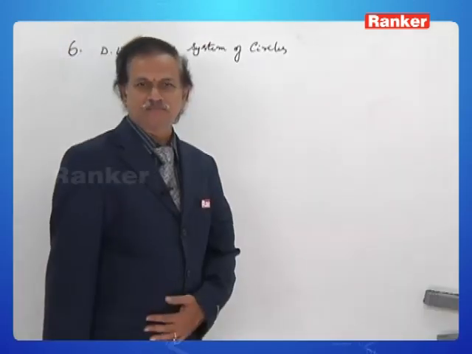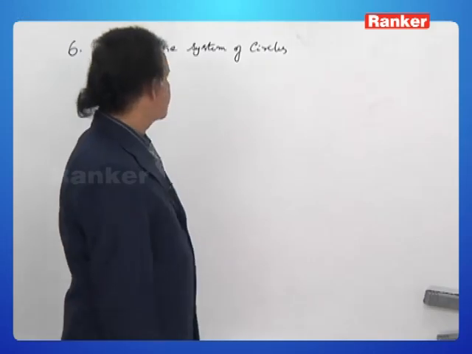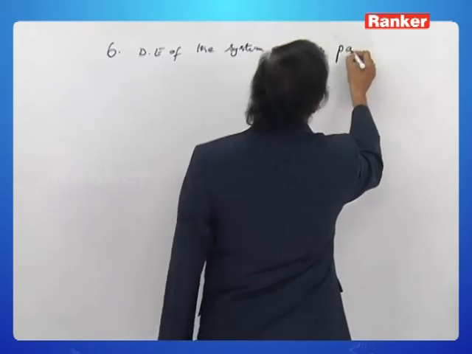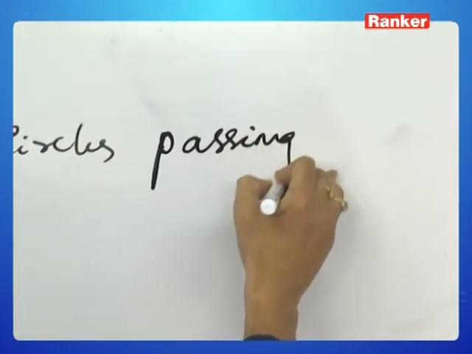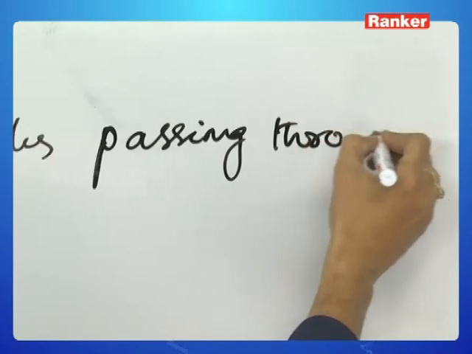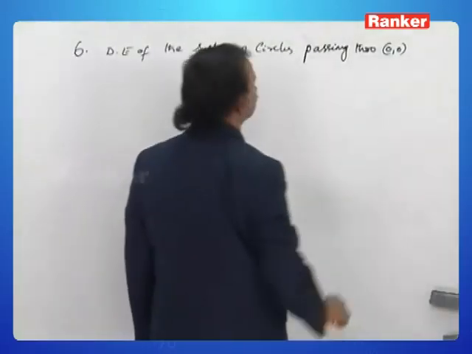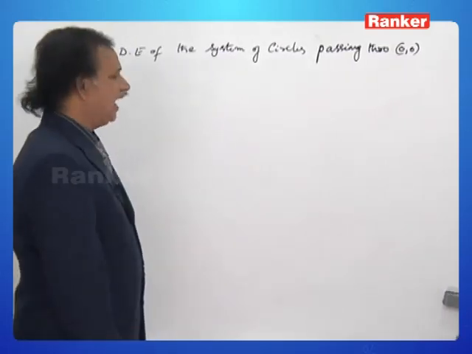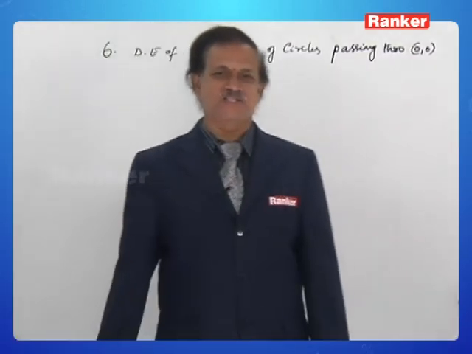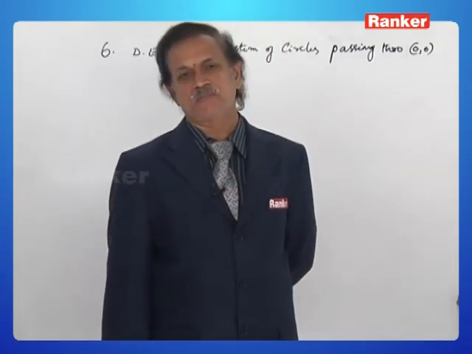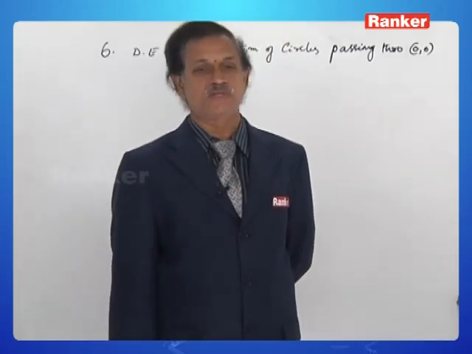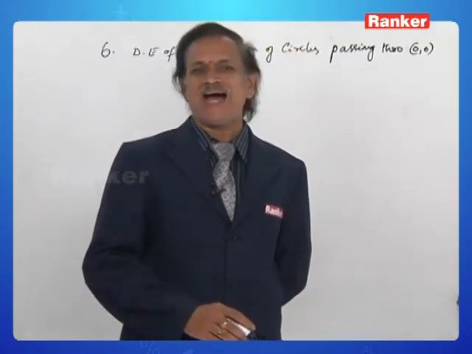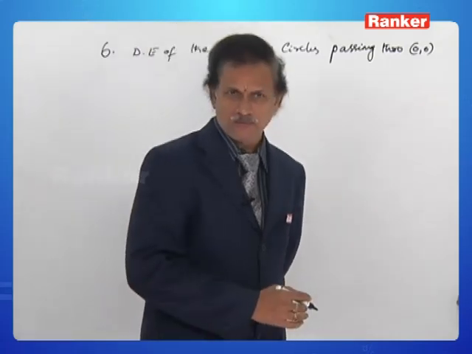The next question is: what is the differential equation of the system of circles passing through the origin? That's all. It's very simple. We recollect that the general equation of a circle is x square plus y square plus 2gx plus 2fy plus c is equal to 0. If it is given that it passes through the origin, c becomes 0.